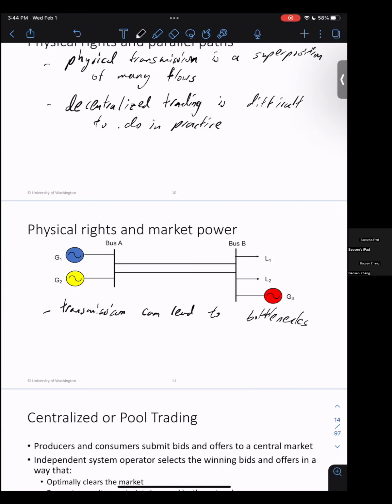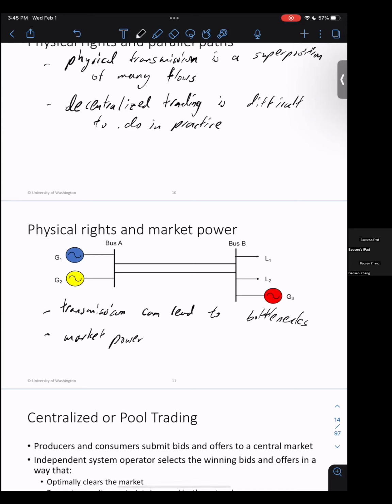Whether these physically exist because you don't have enough transmission, or are created artificially by some financial trick, either way it leads to a bottleneck, and this can lead to market power. Market power happens when there are constraints in the system. So the question is, can you create your own constraint? If you can do this, then you can win, right? So this is bottlenecks, and you have market power.